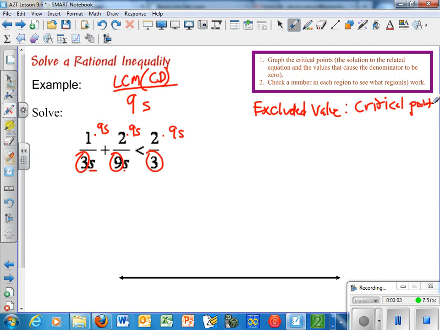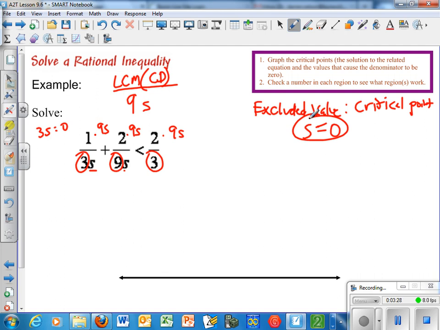What would s have to be? If I take that first one and set it equal to 0, 3 times 0. So the excluded value in this case is 0. If s was 0, the denominators would be undefined. That's an excluded value or a critical value, it makes a denominator 0. So s cannot technically be 0, but that's the excluded value that we want to look at. That's going to help us divide it into regions.